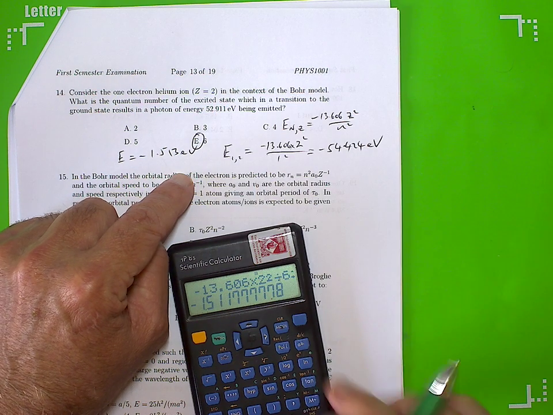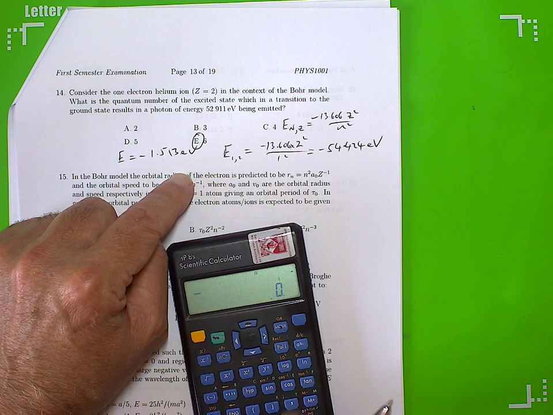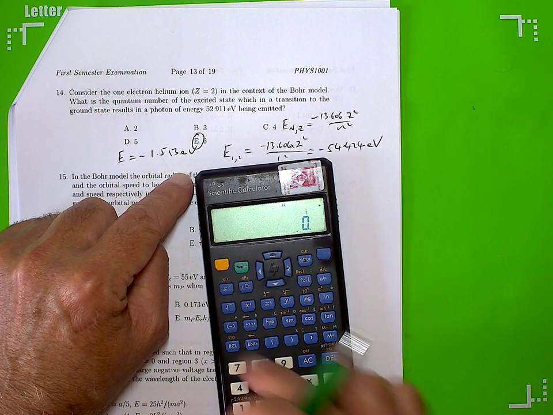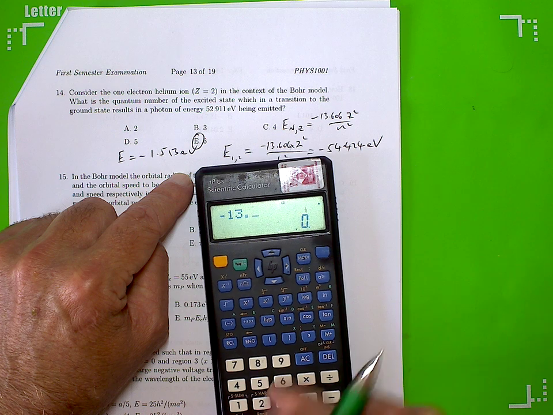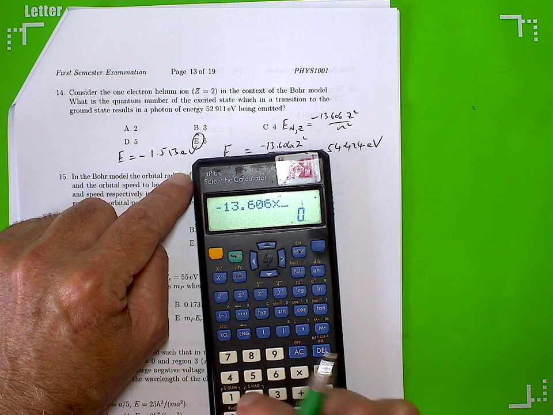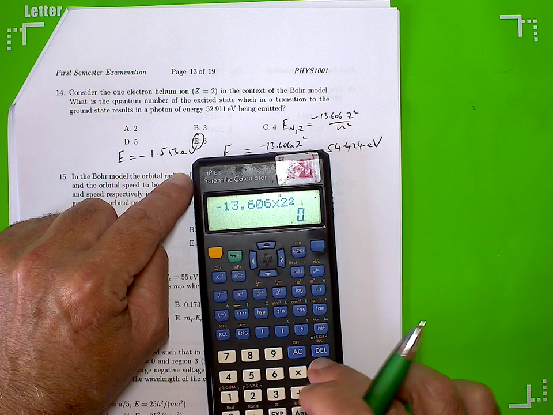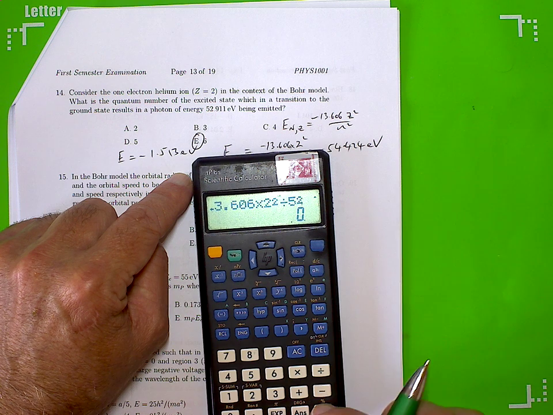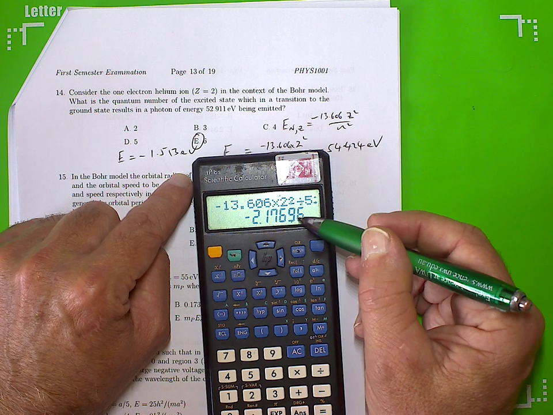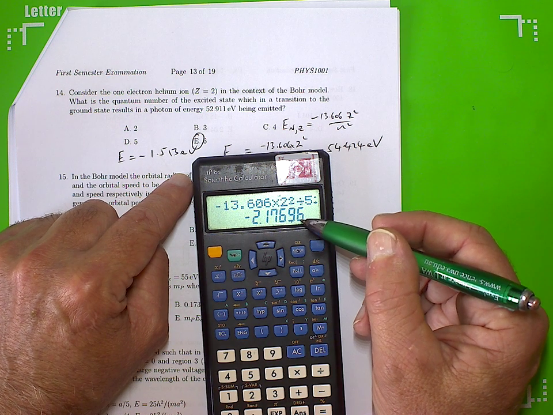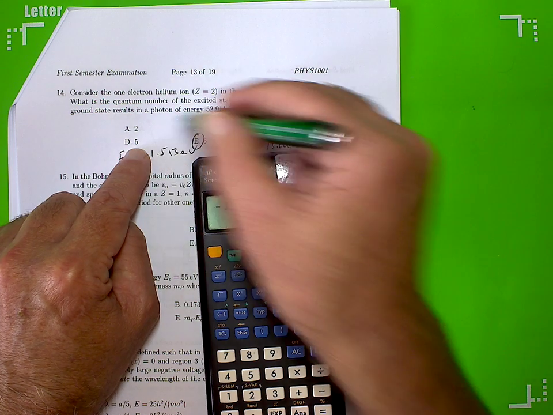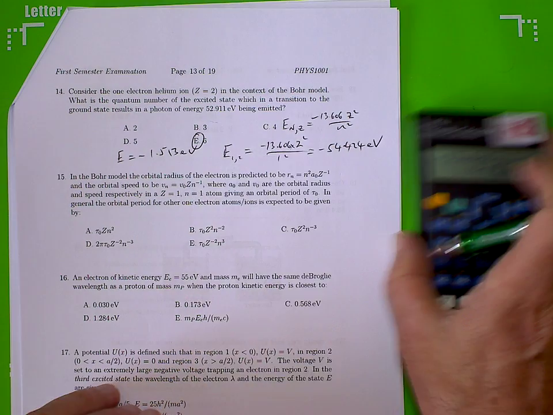I'll just try 5 to make sure that 5 is not okay. So minus 13.606 times 2 squared divide 5 squared equals minus 2.176. Now clearly that's a lot further away, and obviously each of these other ones will be different, so go with that.